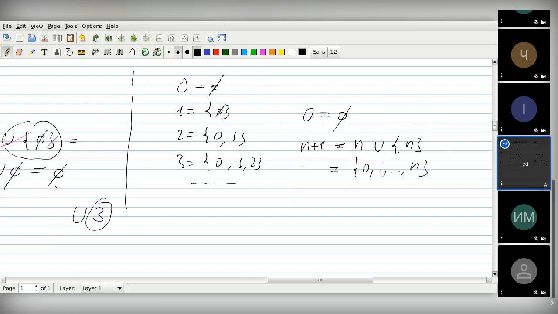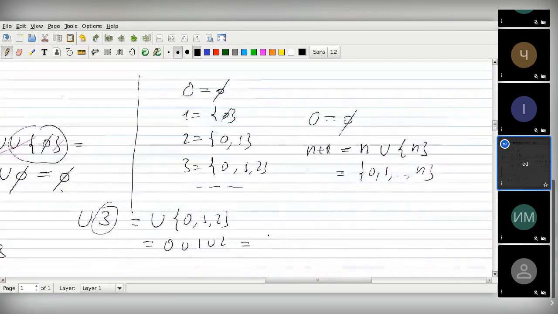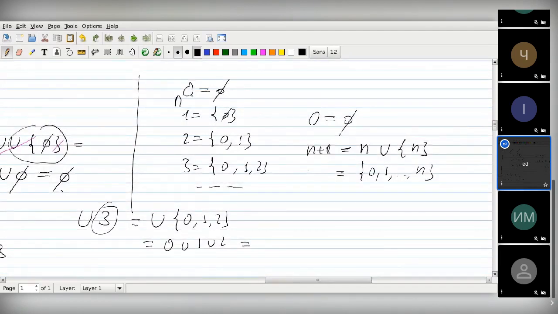This way, this is just the union of 0, 1, 2. But this set is included into this one, included into this one, so it is just 2. The union of 3 is 2. Oh my God, thank you.